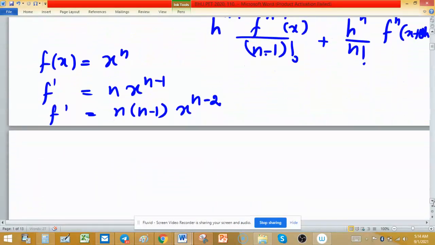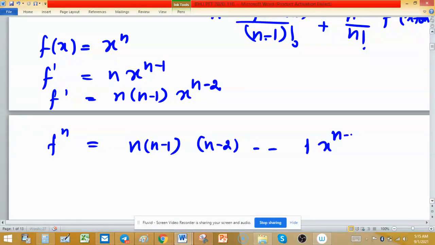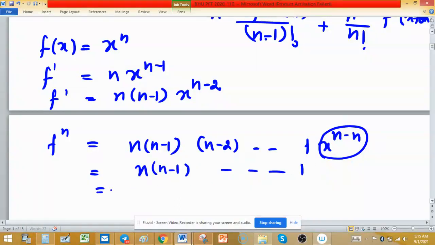Then doing differentiation n times, f^n will be n(n minus 1)(n minus 2) up to 1 times x raised to the power n minus n. So x raised to the power 0 is 1. So f^n is n(n minus 1) and so on up to 1, and this is nothing but n factorial. So we have f^n(x) equal to a constant function, n factorial.